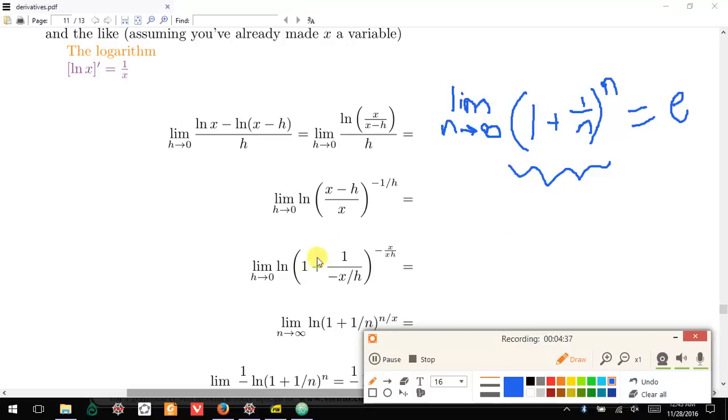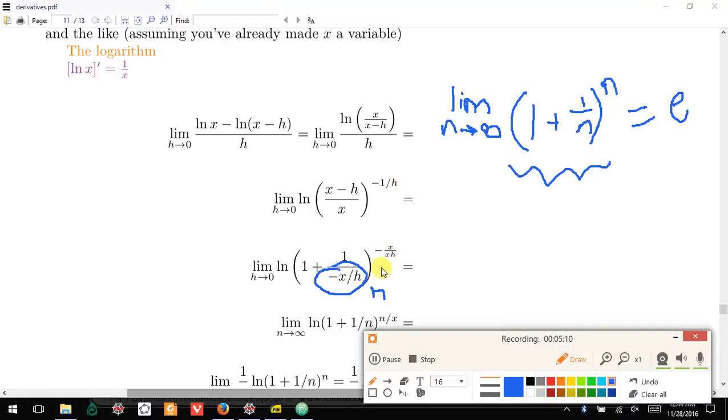Anyway, the next thing that I do is, now that I've reached this point, I want this to basically be like n, right? I want it to be simple, not this minus x over h. I want it to just be some simple one variable quantity. Let's call it n, right? Maybe I'll even explicitly say I'm going to call that n. And if I'm going to call that n, I also need n to be up here. So up here in the exponent, I need to force x to get into the picture somehow.